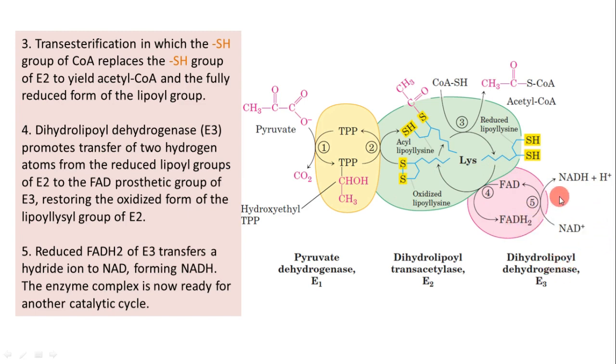So at the end of these 5 steps, from one pyruvic acid, one acetyl coenzyme A will be formed, and also one NADH. By glycolysis, one glucose molecule gives 2 pyruvic acid. So from 2 pyruvic acid, 2 acetyl coenzyme A will be formed, and also 2 NADH.